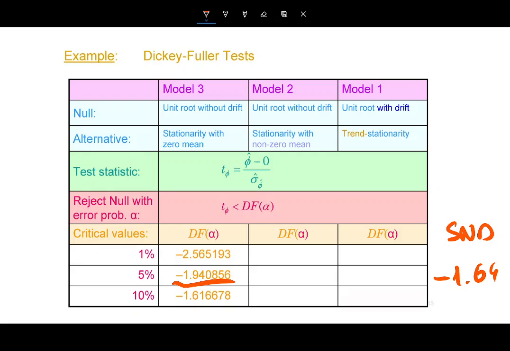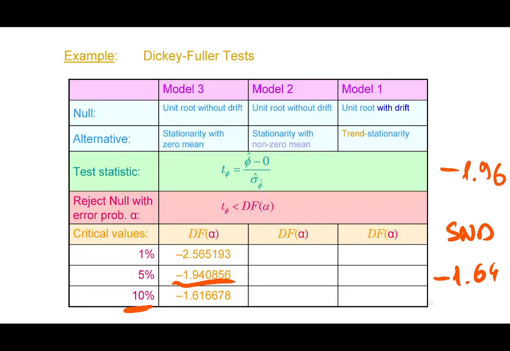So the issue is, if you use the standard normal distribution as a reference, you're going to reject the null hypothesis way more often. So you would establish stationarity, although there is none. That corresponds rather to the 10% critical value, but I'm not sure. You understand what I'm saying?